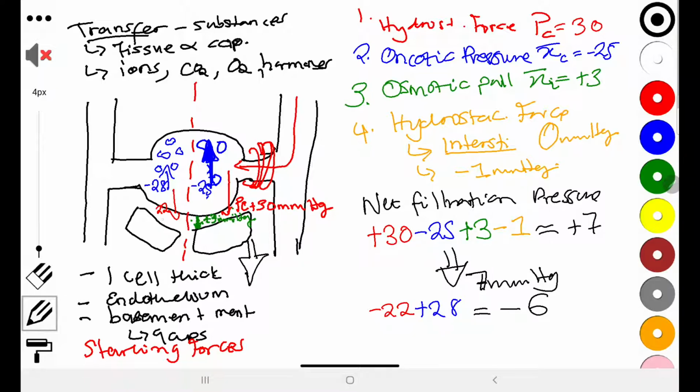If we still go on and assume that what was going on in the interstitium is still happening, let's see what is going to occur here. Osmotic pool will have a plus 3. First one you have minus 3, but then again you have a minus 1 happening because of the hydrostatic force. So you have approximately negative 4.